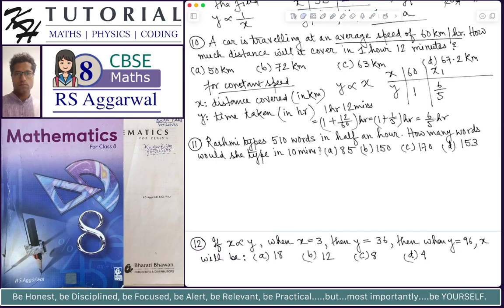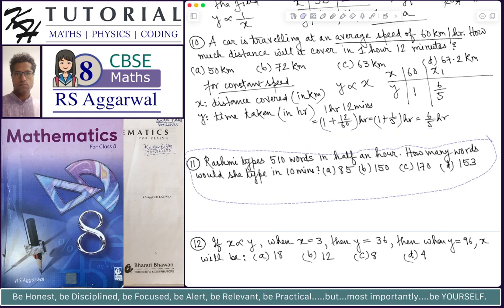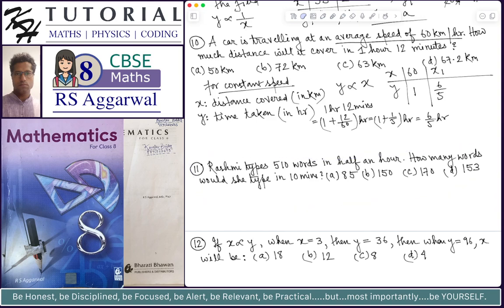I have no space left. Let me create some space. Okay. So since the quantities x and y are varying directly with each other, we must have 60 by 1 is equal to x1 by 6 by 5. So this implies 60 is equal to 5x1 by 6.